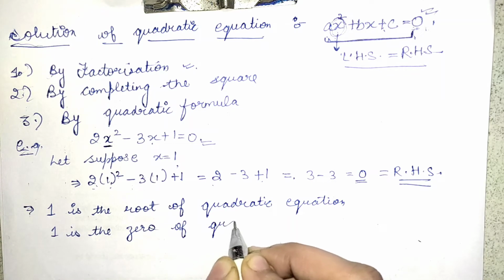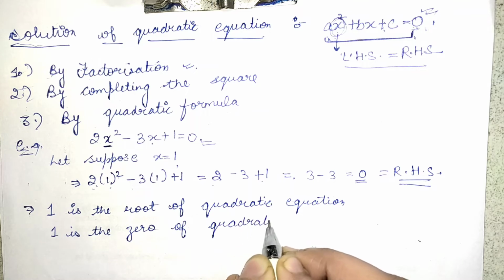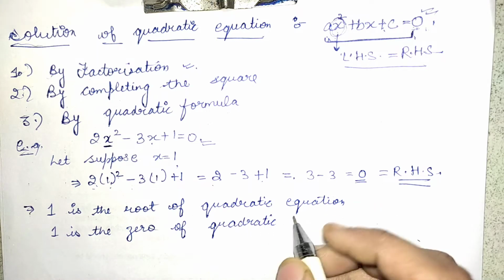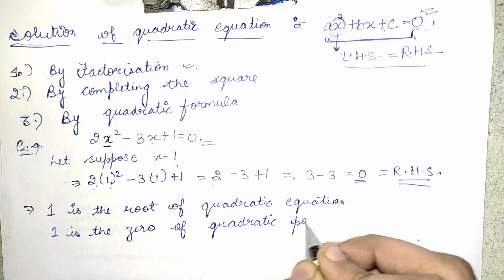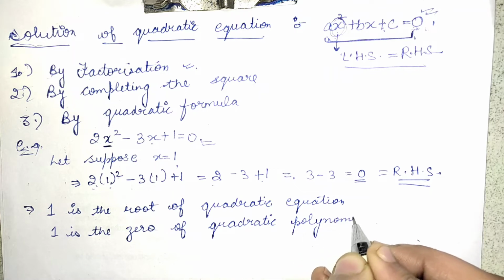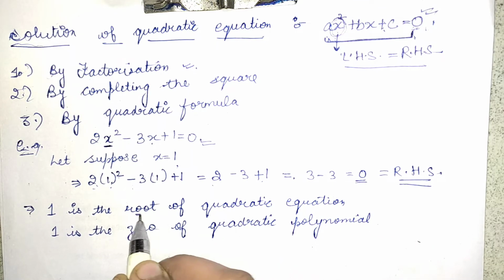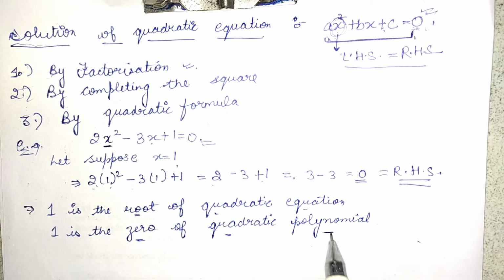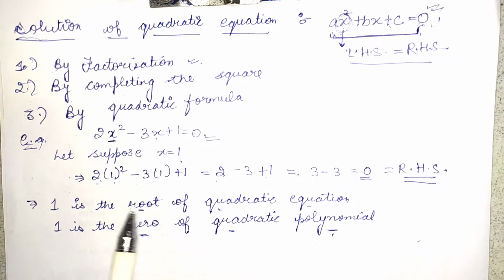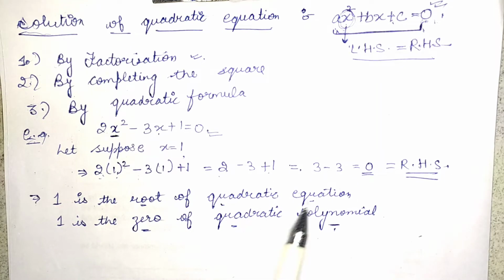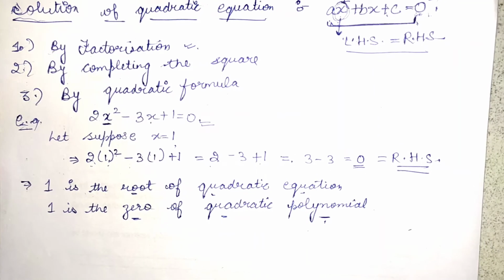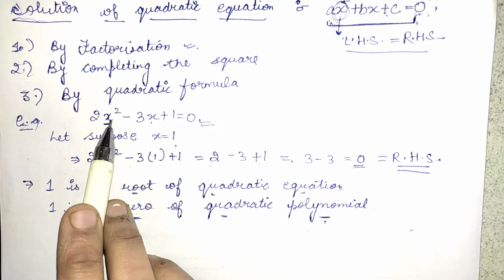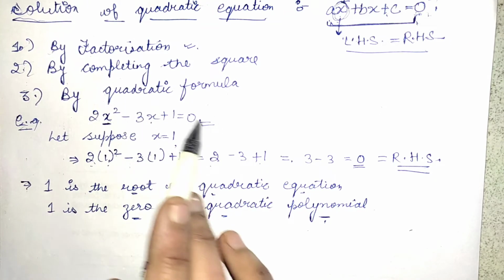Because 1 satisfies both the left hand side and the right hand side, I will say that 1 is the root of the quadratic equation and 1 is the 0 of the quadratic polynomial. Remember, if I am talking about a root, it relates to the equation, and if I am talking about a 0, it is for the quadratic polynomial.